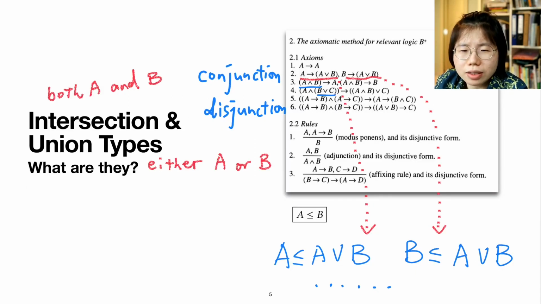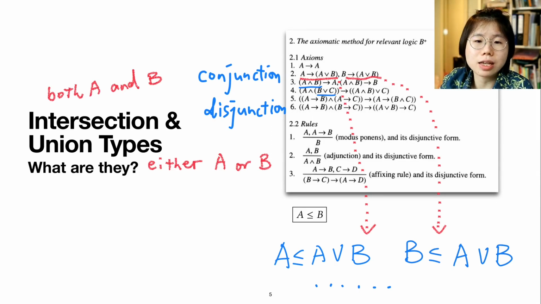So, what are intersection and union types? Given types A and B, any term of A intersection B contains the information of both A and B, while a term of A union B only needs to have the information of either type A or type B. That is similar to logic conjunction and disjunction.